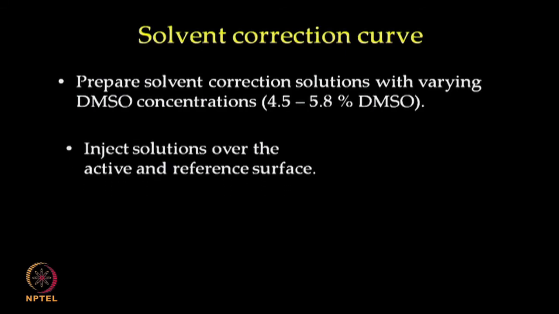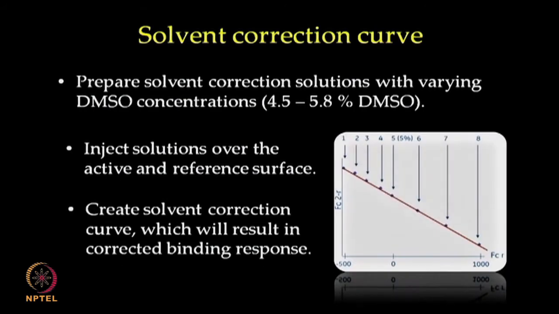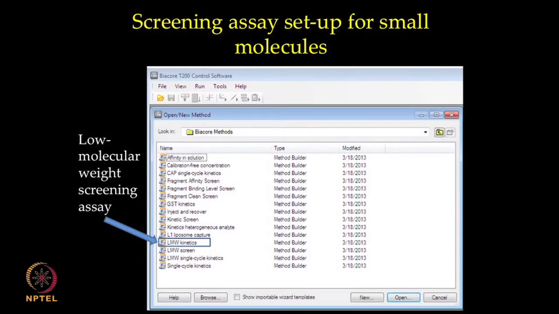We inject these solutions over the active and reference surface and then create a solvent correction curve which will result in corrected binding responses. We will now move forward to set up the binding assay wizard to screen small molecules for binding to human serum albumin and carbonic anhydrase.